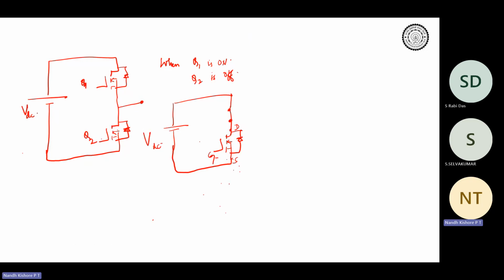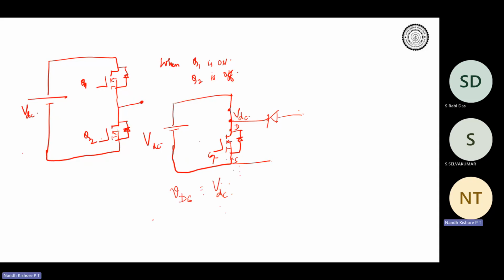So what happens? You understand that voltage across VDS is going to be VDC, correct? When Q1 is on, right? So this is what is going to come across your protection circuit, and this is something that you don't want. That is why we put a diode something like this, so that even if you get VDC over here, the diode kind of doesn't get forward biased.